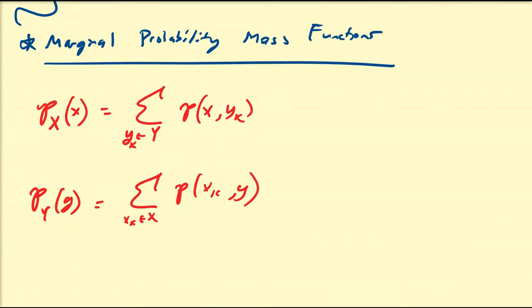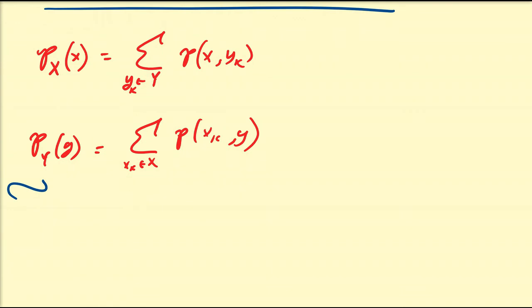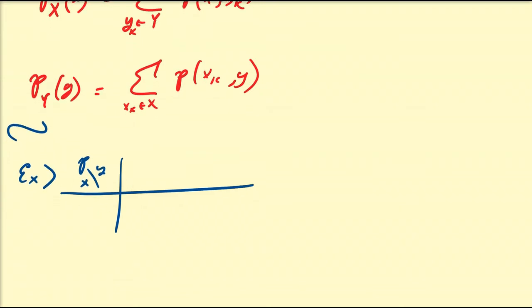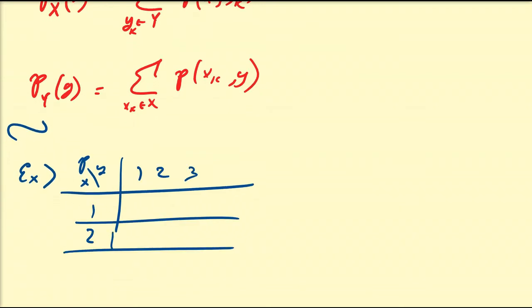So let's do a quick example of how to construct the marginal PMFs. Let's recall that distribution I defined above: P(x, y) with the values 1, 2, 3 for y and 1, 2 for x.